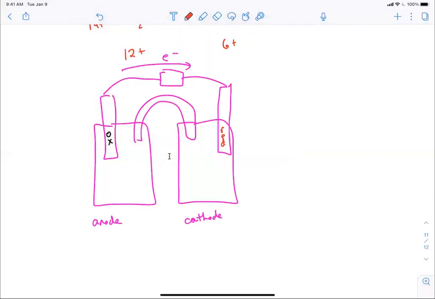You have to remember those aspects, because if the IB gives you a voltaic cell, they might ask what would happen to the mass of the cathode. Well, the mass of the cathode would actually build up because more metal is being plated on top of that cathode in this scenario.